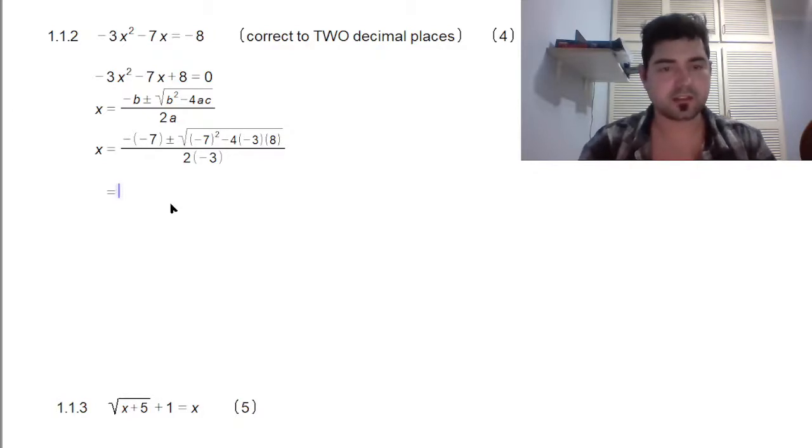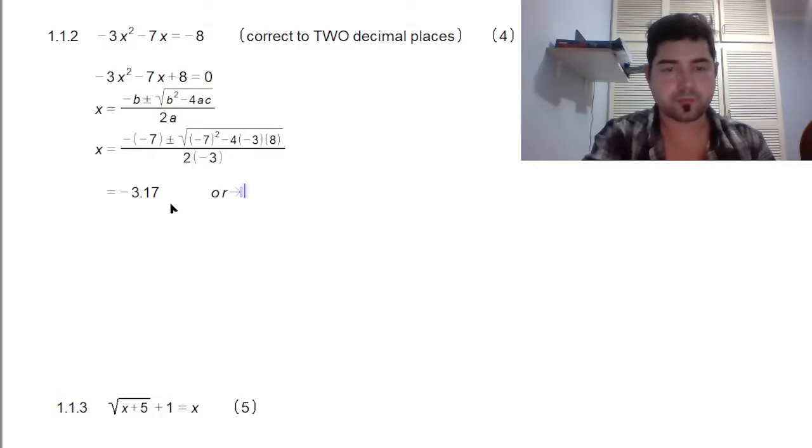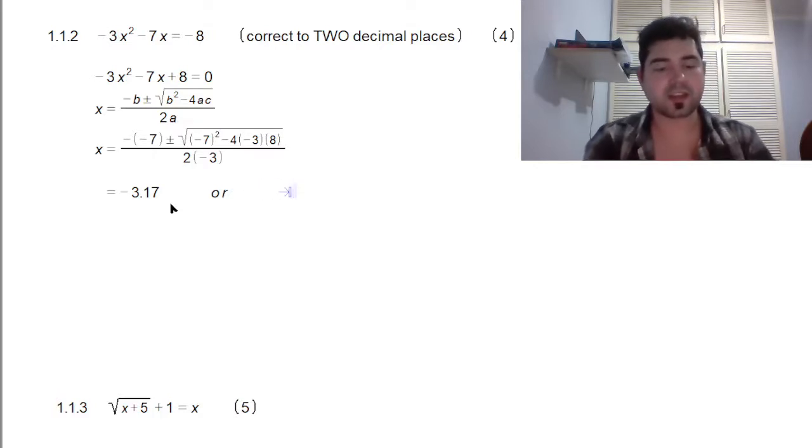Okay, and that gives us negative 3,17, or you can go back and just change that plus to a minus. Save yourself a bit of writing there, a little bit of typing. 0,84.